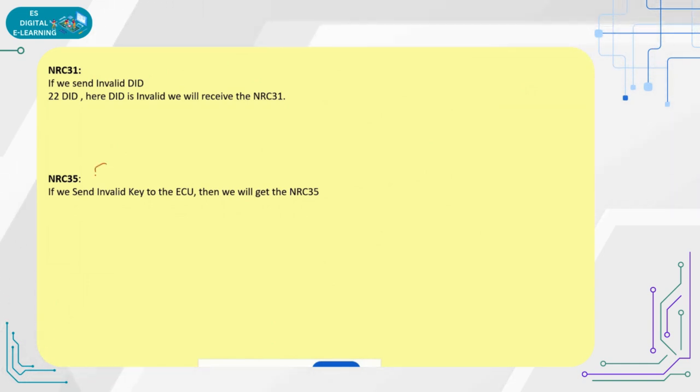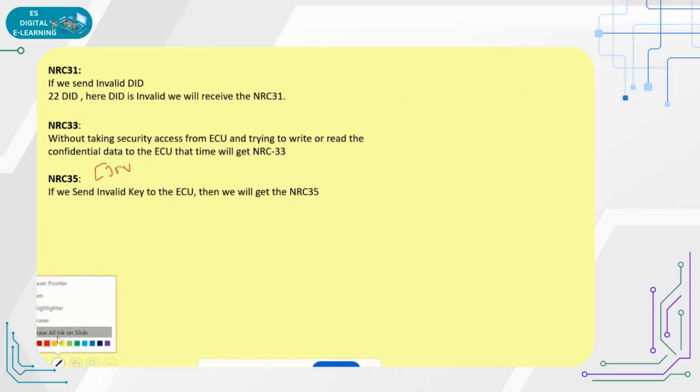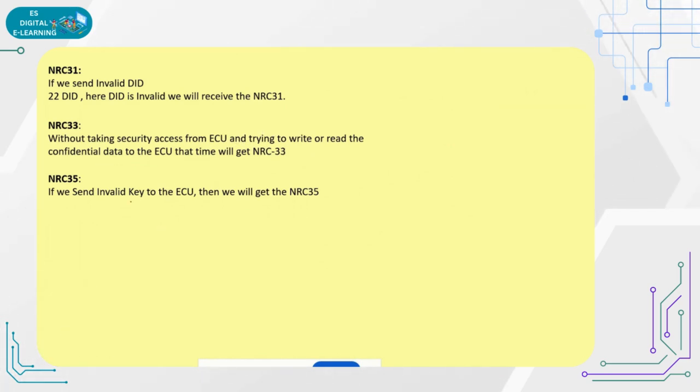That is invalid key. Sorry, NRC 35 you get for invalid key; 33 you can write down. NRC 33 is security access denied.